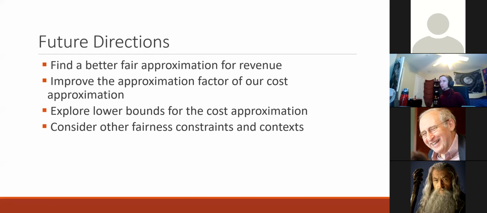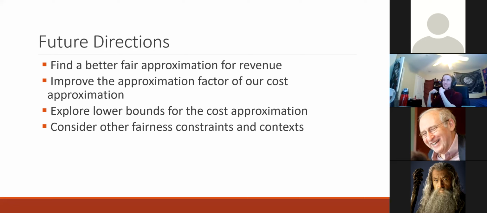There are a number of future directions one could take to improve upon this work. A lot of them are just improving the approximation factors for the fair contexts for a number of these optimization functions. Also, in the context of fair cost, we don't know if the lower bounds might be more constraining than the lower bounds without the fairness constraint.